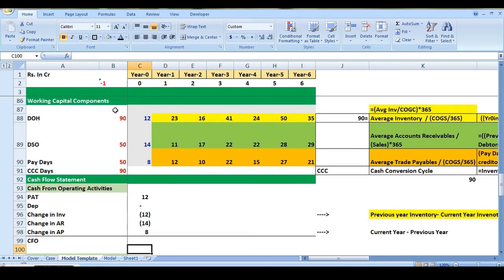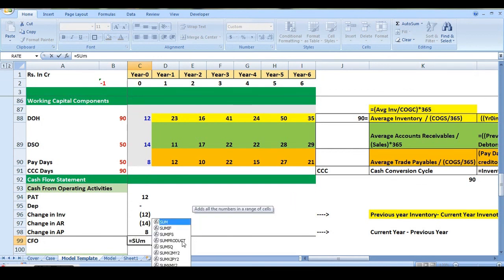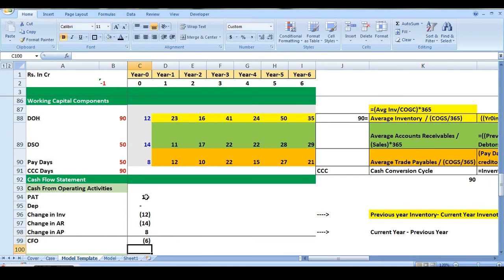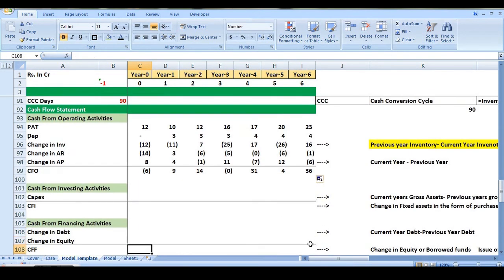Instead, we can even calculate cash from operating activities as simply equal to the sum of all these 5 values, because we have already given the effect of positive and negative while calculating it, and now we can drag them for all 6 years to find out the values. This gives us our cash from operating activities for all 6 years.